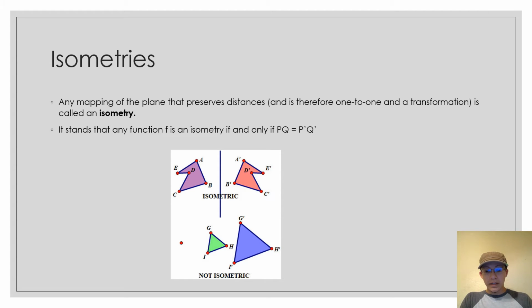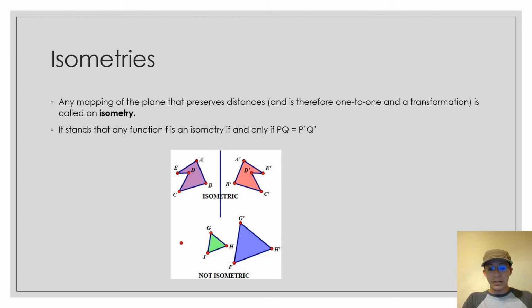Looking at the image down below, you can see that the images in the top example have been carried across a reflection. Compared to the bottom image, where it goes from one point to a smaller triangle to a larger triangle, which does not represent an isometry because it doesn't preserve the distances of the original image.